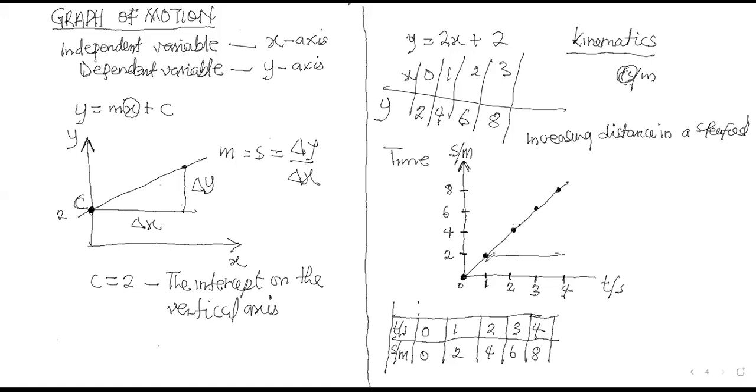In determining the slope, you can pick any 2 points. I am choosing this point and then this point. So my slope s is equal to the change in displacement over the change in time.